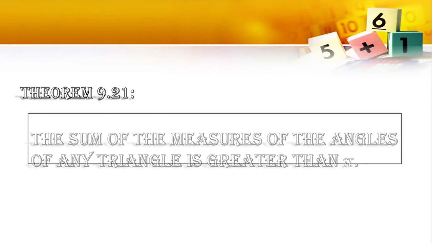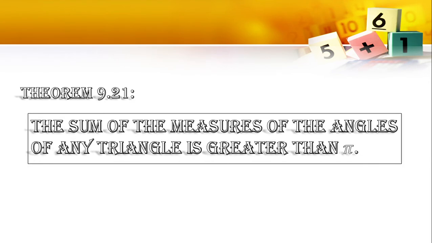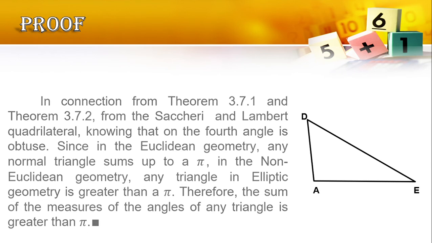Now let's go to theorem 9.21. It states that the sum of the measures of the angles of any triangle is greater than pi. So here's the proof.